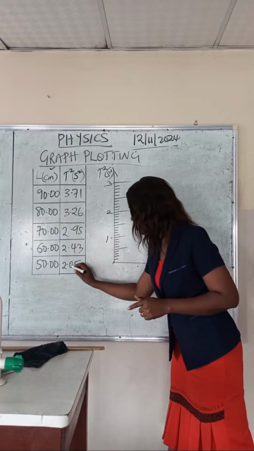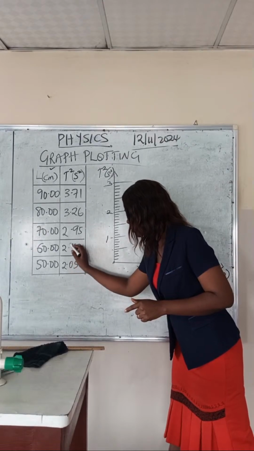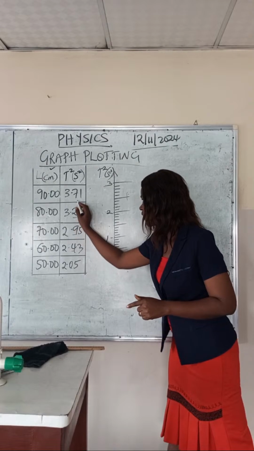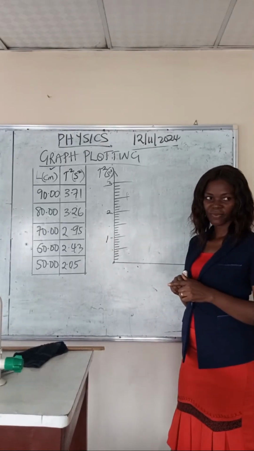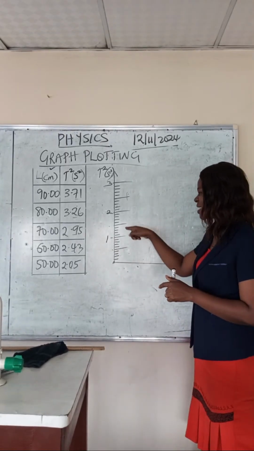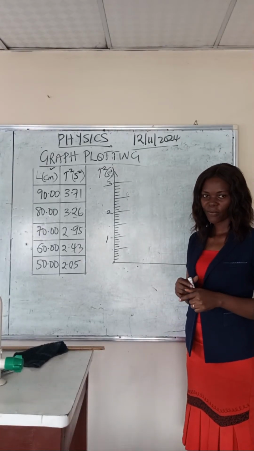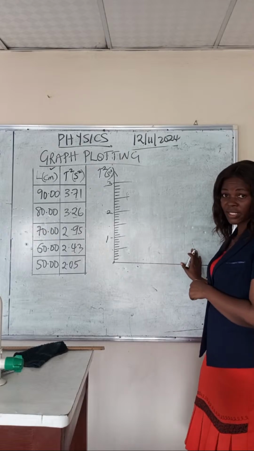Now, this one has given us points. What does this one stand for? We are going to be using them inside the graph. How? Let me come to this side.